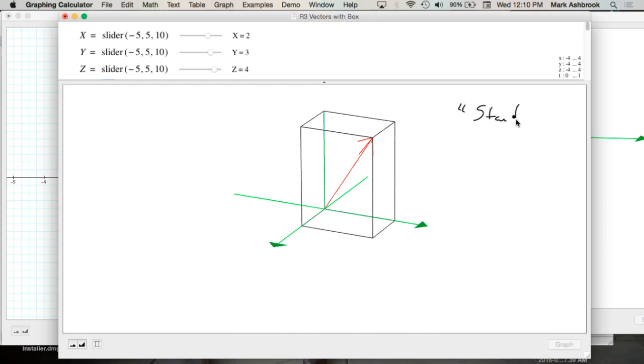Or it's a standard position vector. And so I'm showing you the vector here, 2, 3, 4. The red vector is 2, 3, 4.